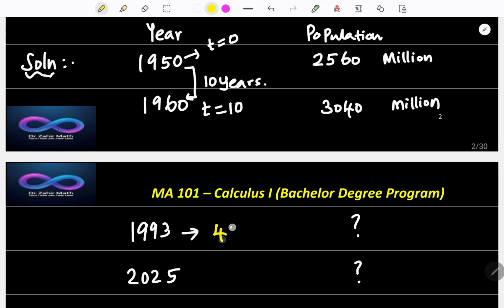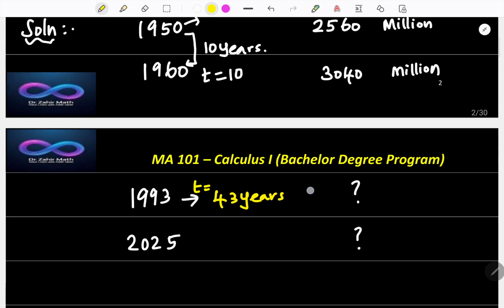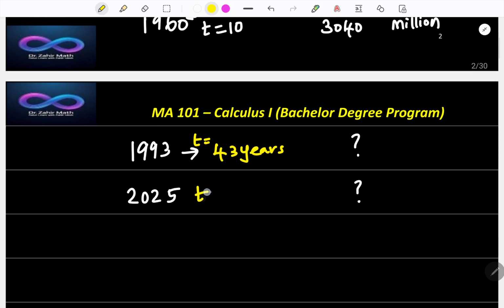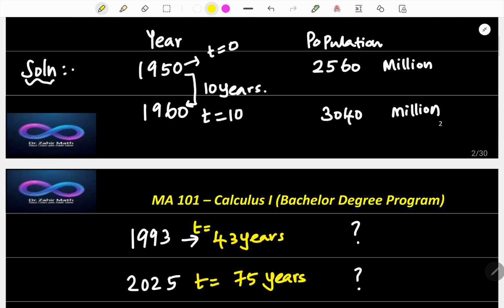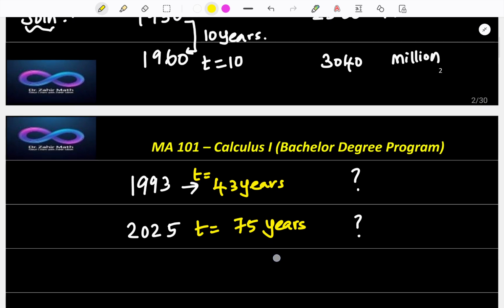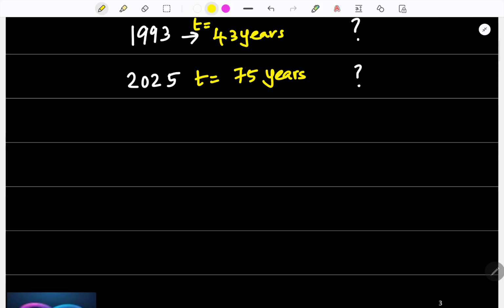Totally 43 years, so t equals 43. From 1950 to 2025, how many years? Exactly t equals 75 years. Is that clear? 1950 plus 50 gives 2000, then add 25, you get 2025. So the initial time you take as t equals 0 every time, then you count according to the number of years.